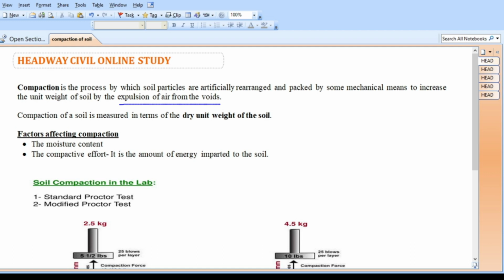So compaction of a soil is generally measured in terms of the dry unit weight of soil. As we already know, the dry unit weight of soil can be expressed as gamma D equals gamma divided by 1 plus W. What is gamma? Gamma is the bulk unit weight of the soil, or we can say the total unit weight of the soil, and W here is the moisture content.